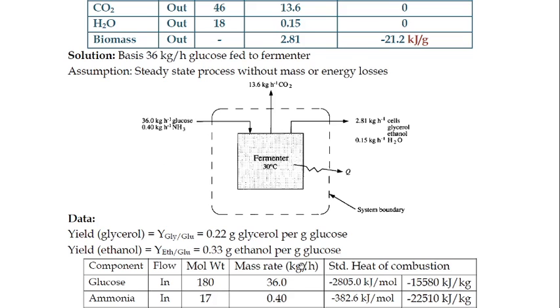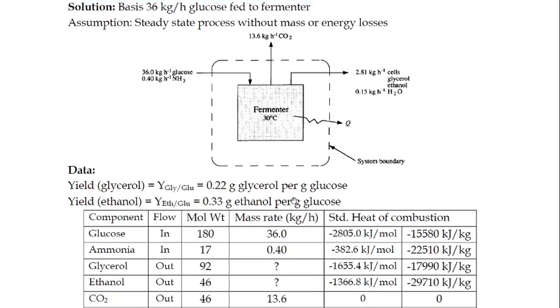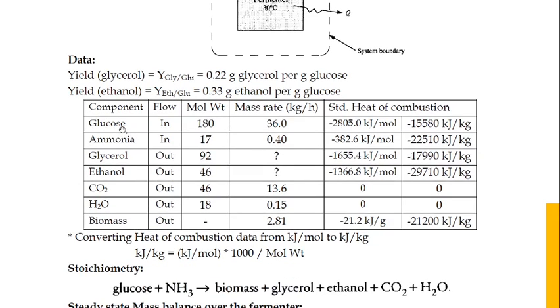This is very important, right? So you have the masses and the heat coming into the picture of a block diagram. Let's look at the data that is available to us. Let me give some notations to it. Y is the yield, glycerol upon glucose, ethanol upon glucose, 0.22 and 0.33 gram glycerol per gram glucose and ethanol per gram glucose. This data is given in the numerical, so I am rewriting it.